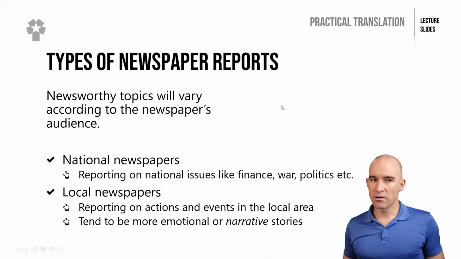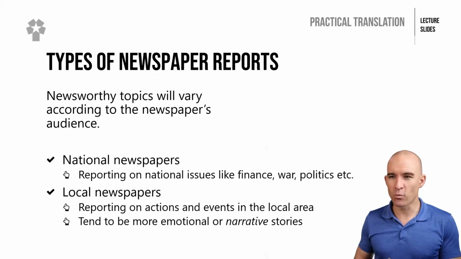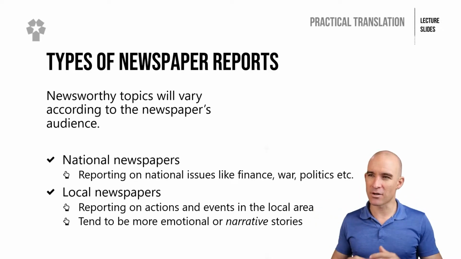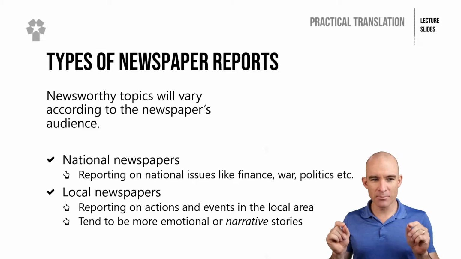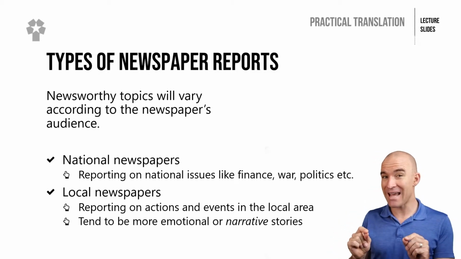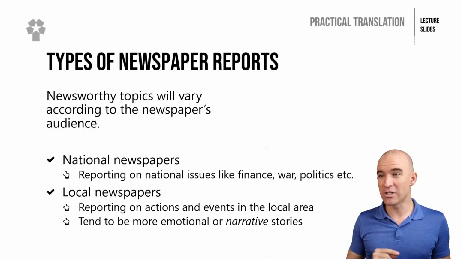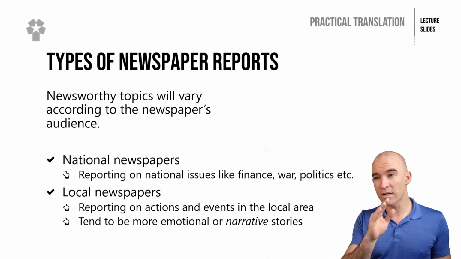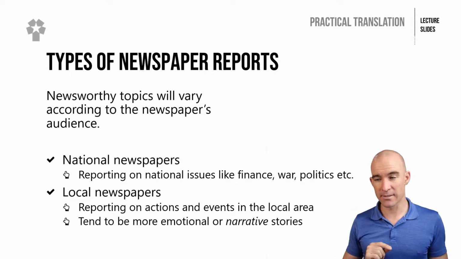So really quickly, what makes a good newspaper? When we think about that, we have to think about the types of newspaper reports. And it's really important to understand that newsworthy topics will vary, or they'll be different, according to the newspaper's audience.